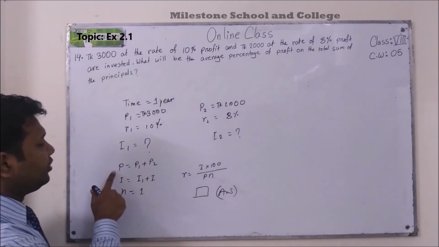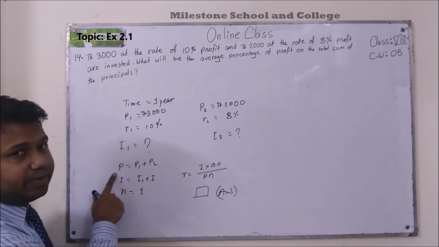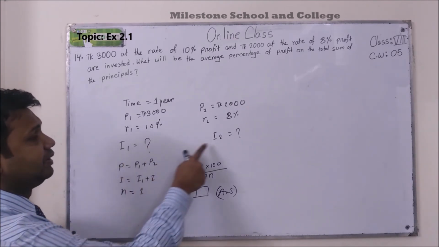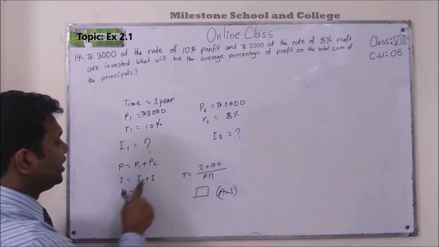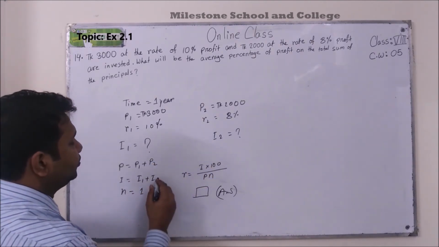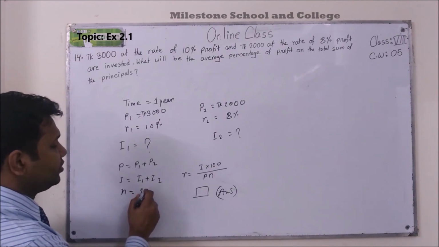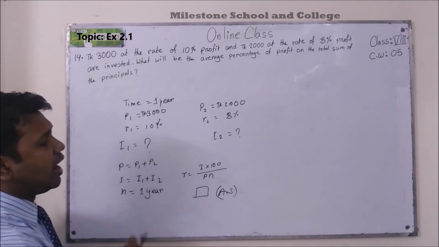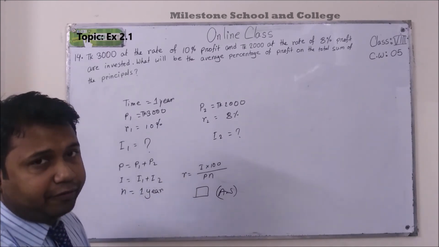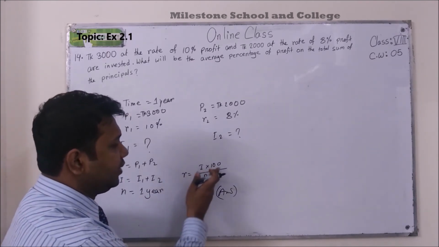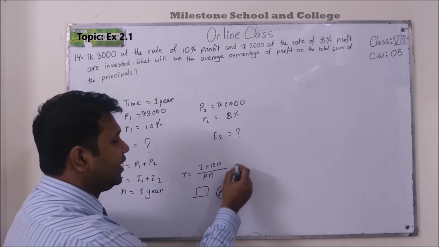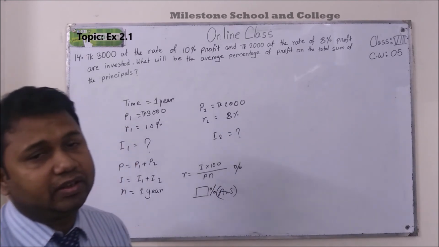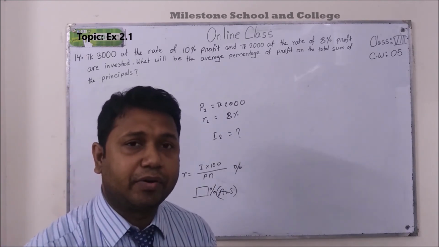After that we have to find the total principal, that is P1 plus P2, and the total profit I1 plus I2, with time 1 year. Then we know the formula of rate of profit, R equal to I into 100 by Pn percent. From that we will get our answer. So this is how we are going to solve.